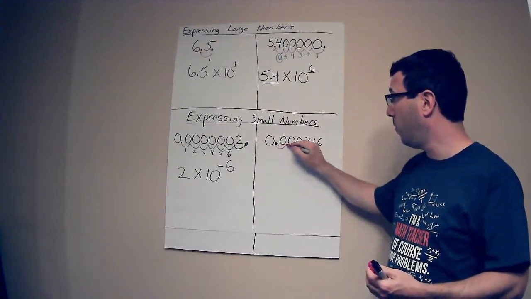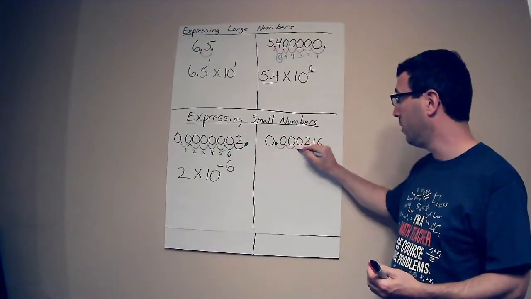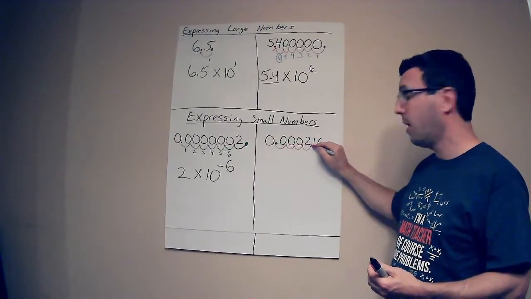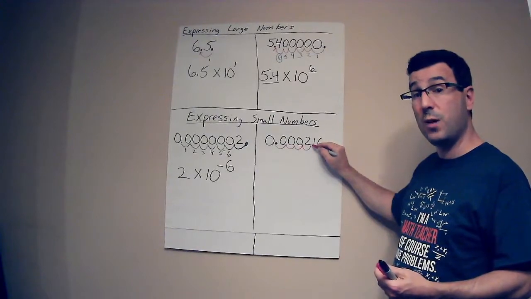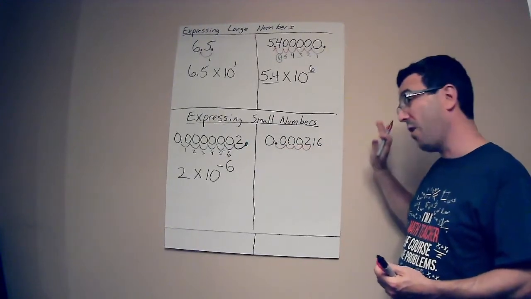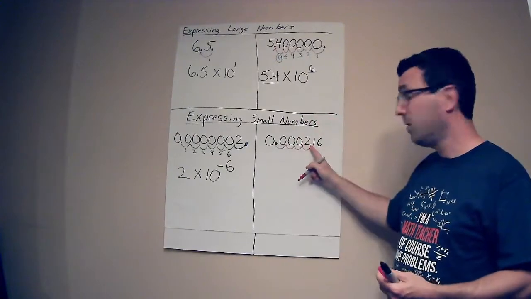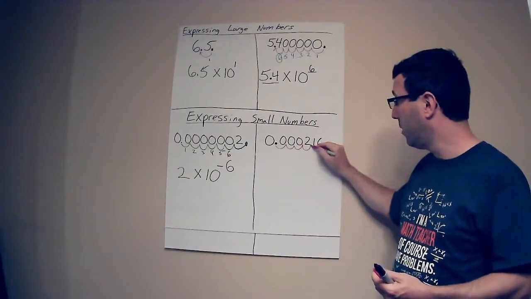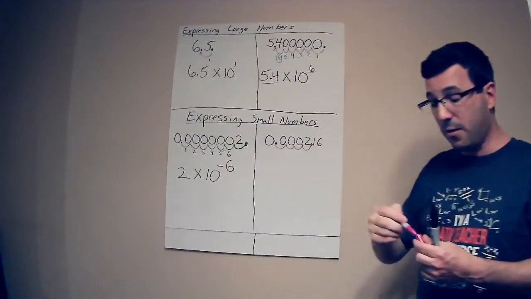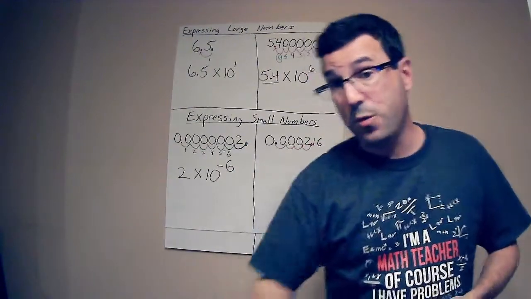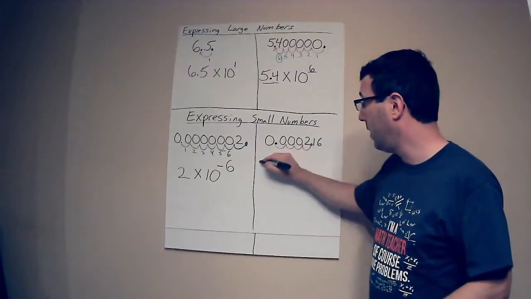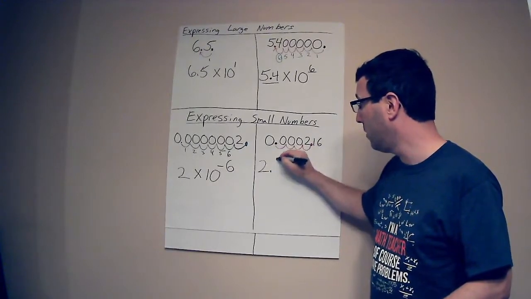So 1, 2, 3, it goes between the 2 and the 1. I'm not going to keep going. I don't want all those numbers to the left. I just want one of them, the 2. So I'm going to put my decimal there. So my number between 1 and 10 is 2.16.